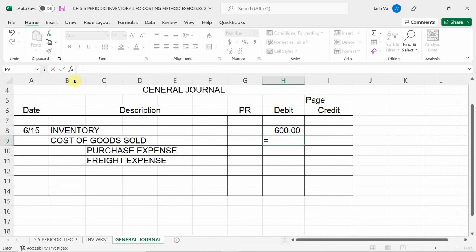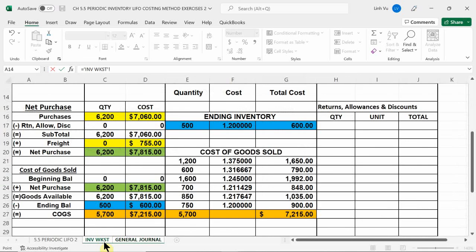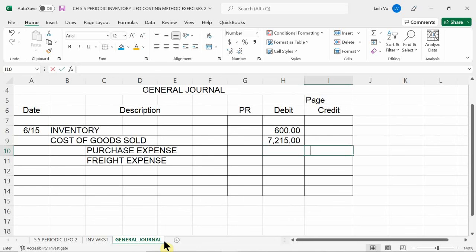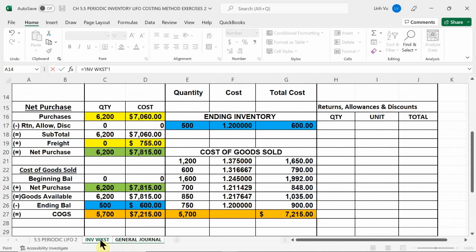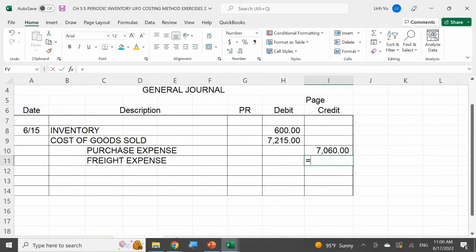And the total cost of goods sold? 7,215. Good. And then your purchase expense, 7,060.